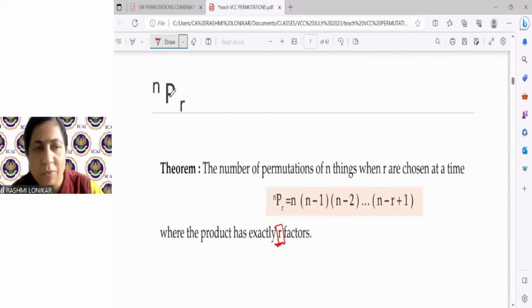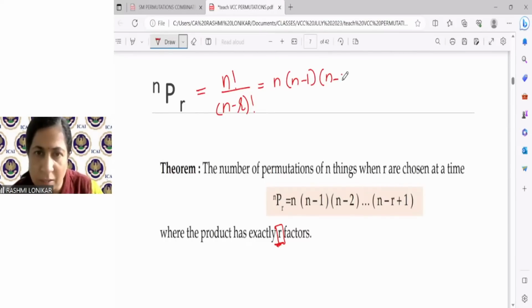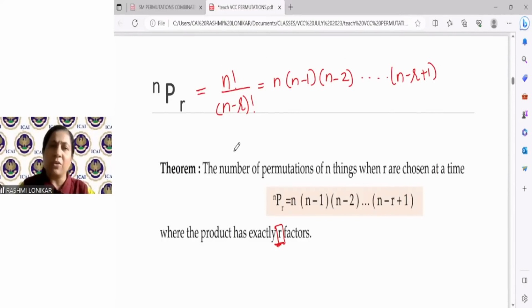There is this other formula. nPr is also equal to n factorial upon n minus r factorial. When we solve this, we get n into n minus 1 into n minus 2 and so on up to n minus r plus 1. Depending on how comfortable you are, you can use either of them.